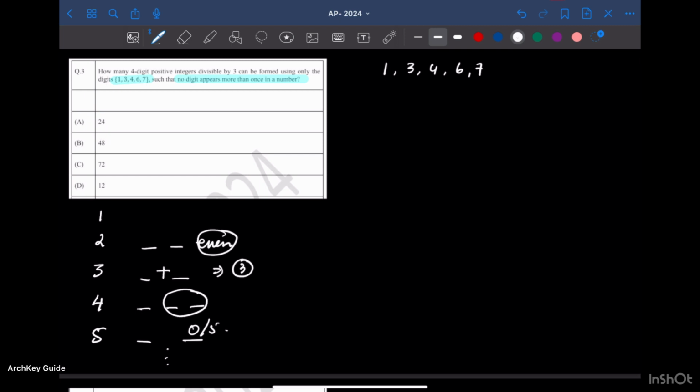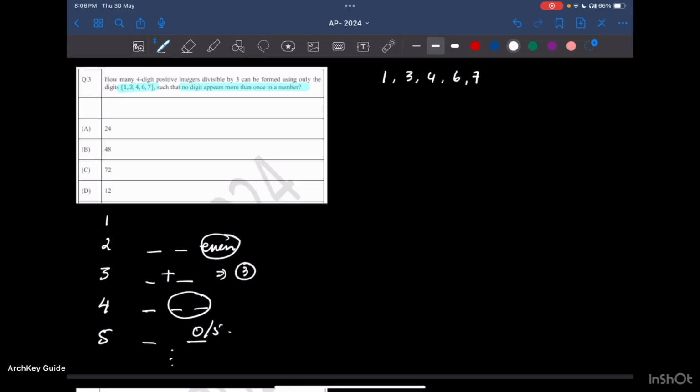So what we'll do is first check whether the summation of all these numbers gives me a number which is divisible by 3 or not. 1 plus 3 plus 4 plus 6 plus 7. Let's see. It's going to be 21, which is divisible by 3.